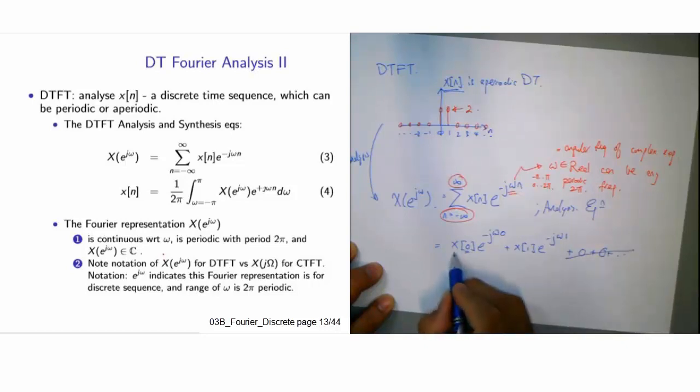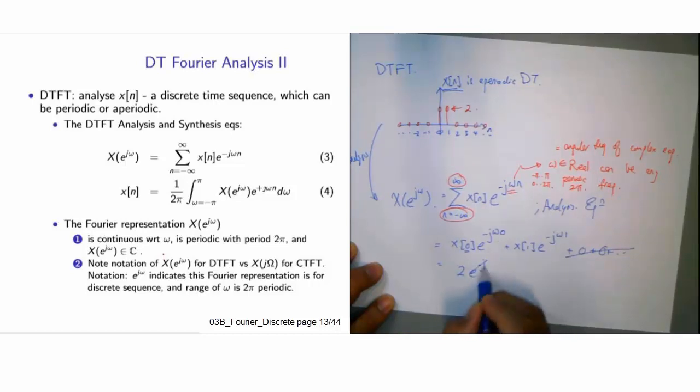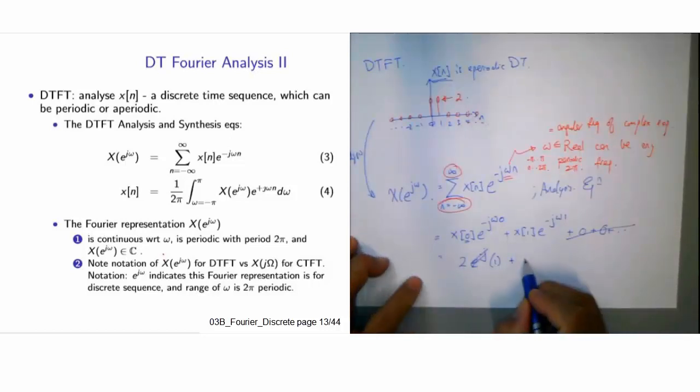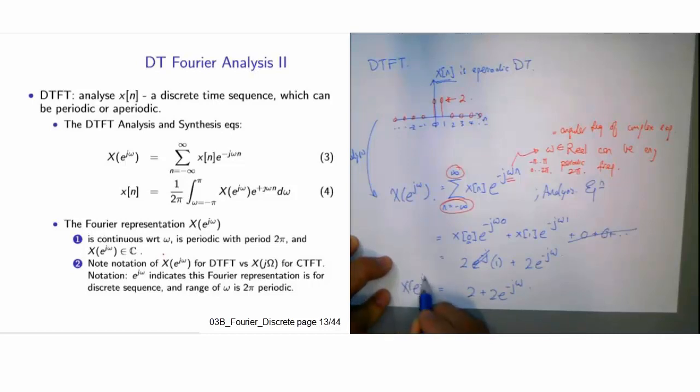Now let's plug in x0 and x1, which is 2. And e^(-j omega 0), e to the power of minus j 0, is the number 1. So the only interesting thing is 2e^(-j omega). And now you have the closed form solution of X(e^(j omega)).